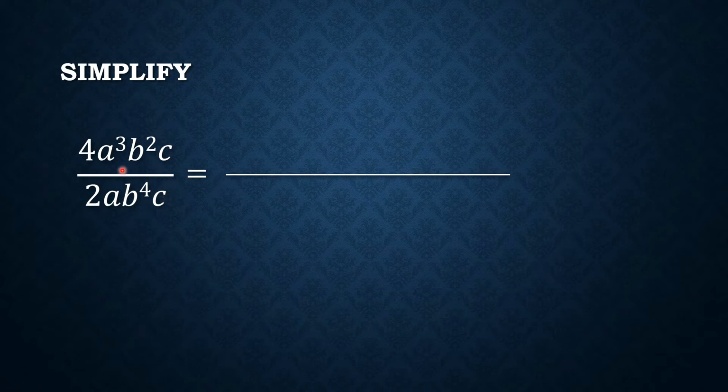So, notice that the numerator can be factored as 2 times 2 times a times a times a times b times b times c. Okay, so it's like prime factorization yung ginagawa natin. So, meron akong tatlong a, so sulat mo siya as a times a times a.